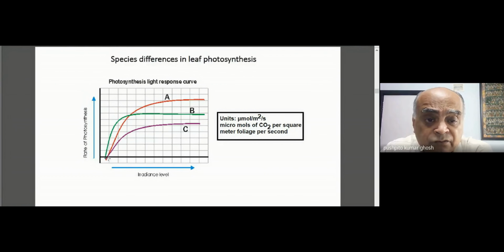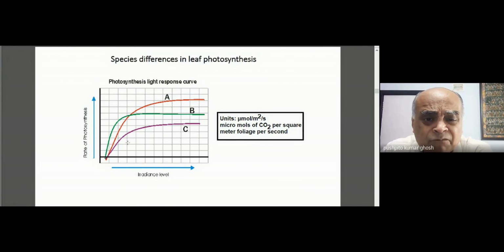There are others where maybe the slope is less, and the photosynthetic activity goes on increasing with irradiance, and the saturation takes place at a higher level. So this is something like slow and steady wins the race, because you actually end up getting the highest level of photosynthesis.